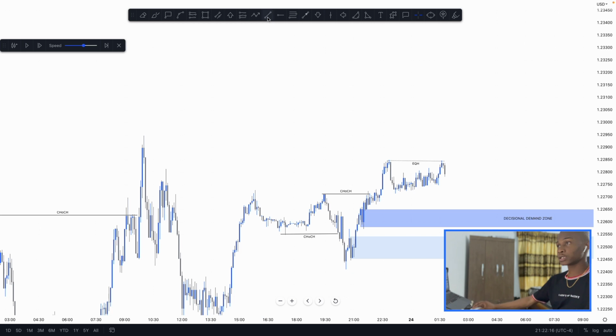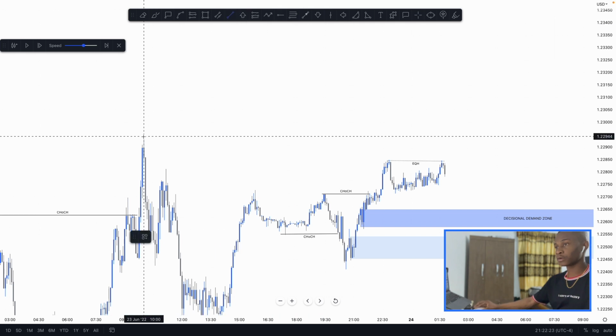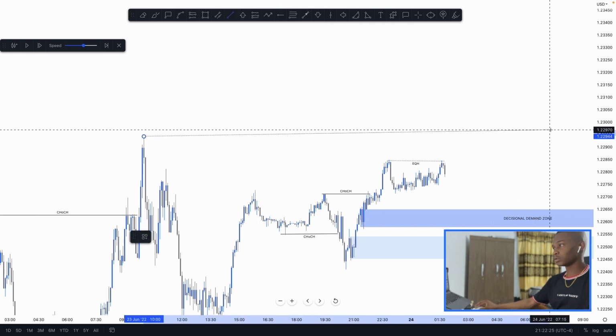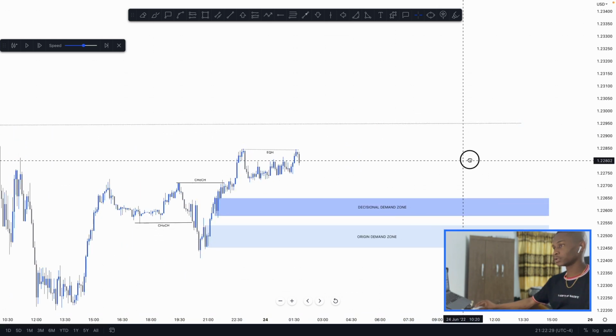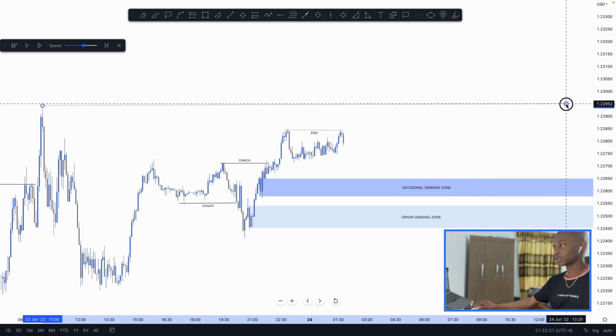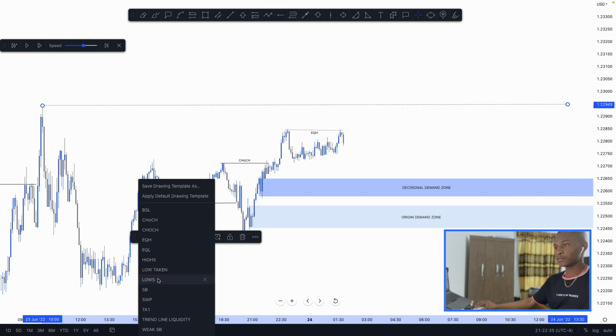Our target in question was right here at these highs. This would have been our first TP zone right up here, so that would have been our TP1.